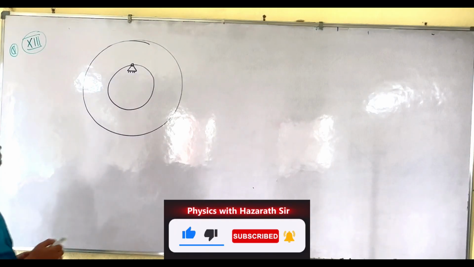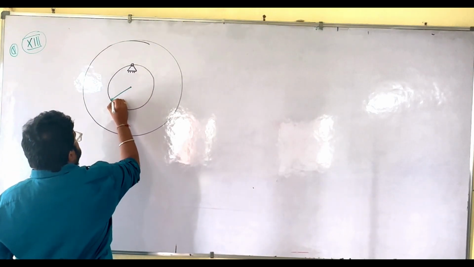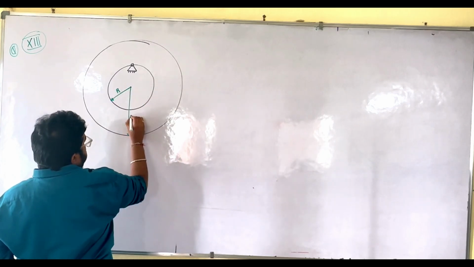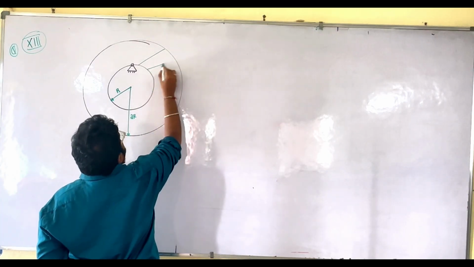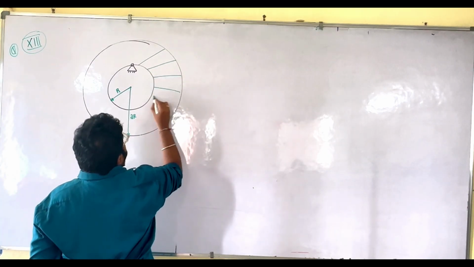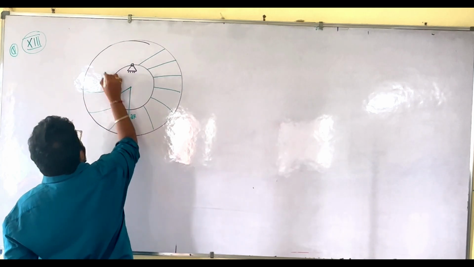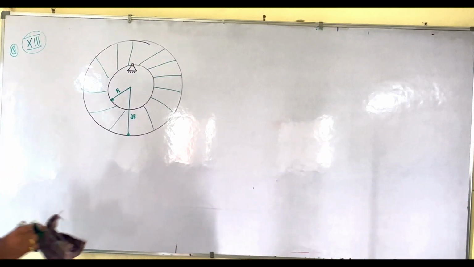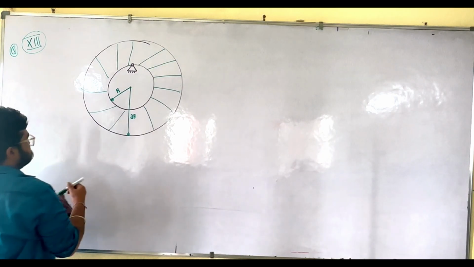Inner radius is R. Outer radius is 2R. The entire part is the mass. Understood or not? Inner radius and outer radius.